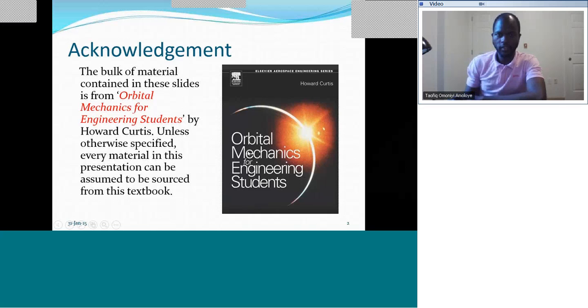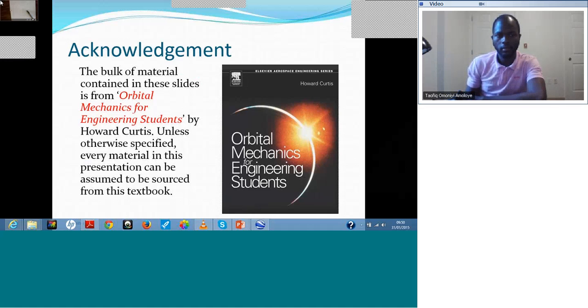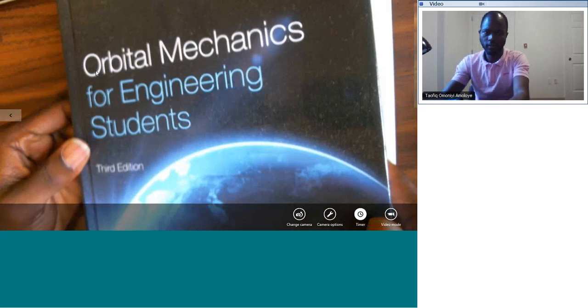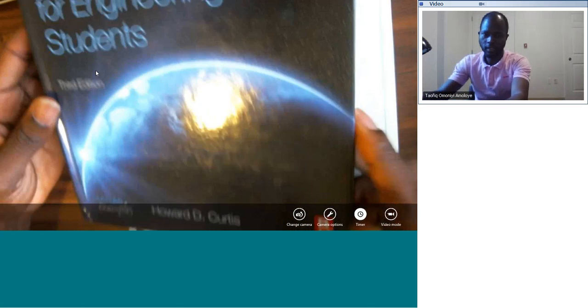Yeah, the bulk of the material from this slide is from the reference text, Orbital Mechanics for Engineering Students. I know Kwasu Library has got the latest edition of this textbook. I've also got my own copy of the latest edition as well, Orbital Mechanics for Engineering Students, 3rd edition by Howard Curtis.